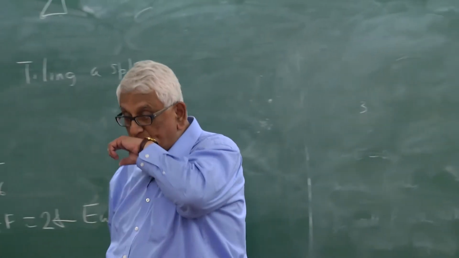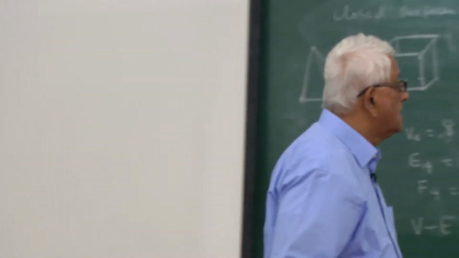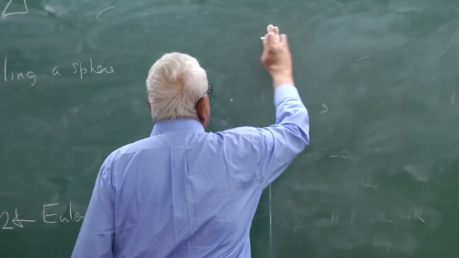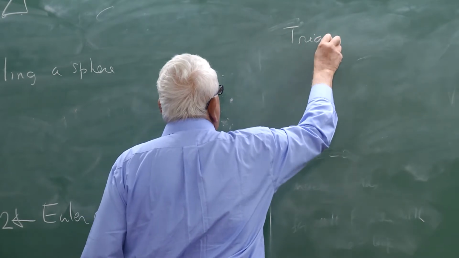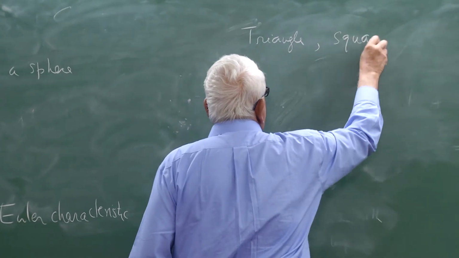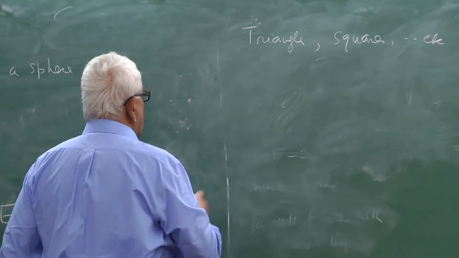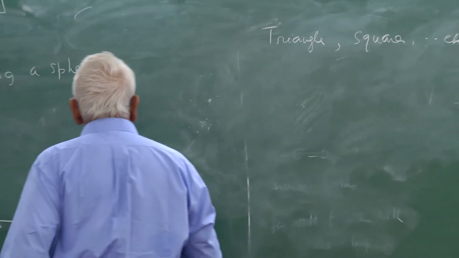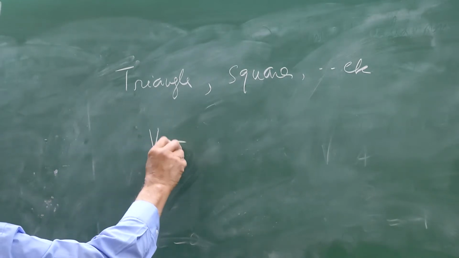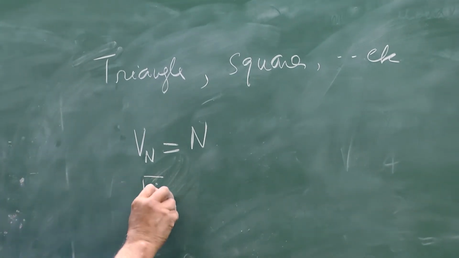So, let us do it. The way I will do it is I have different boxes, and in the boxes I will have triangles, squares, etc. That means, if I have an n-sided figure, we found that the number of vertices was n, and the number of edges was n.